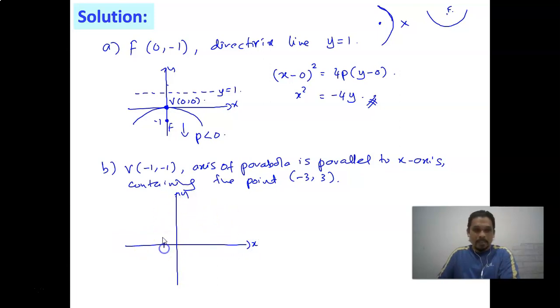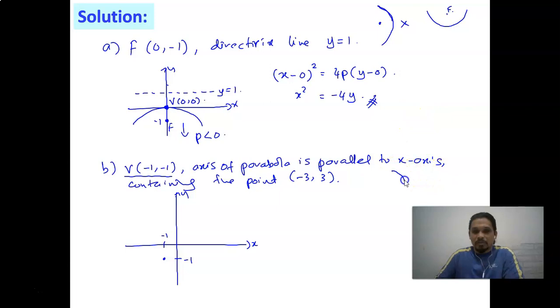Okay, x negative 1 and y negative 1. So this is the vertex. The first information is that the axis of the parabola is parallel to the x-axis. This is the x-axis. So the axis of the parabola is something like this here.